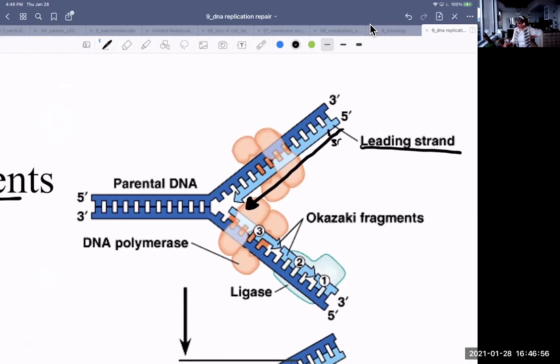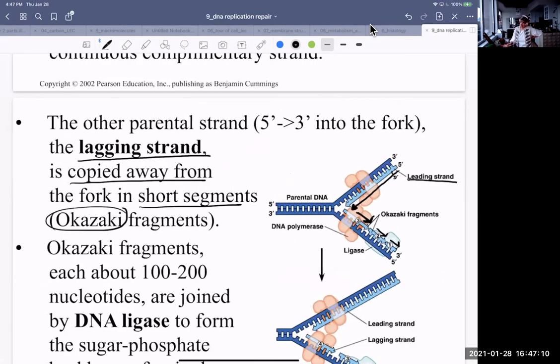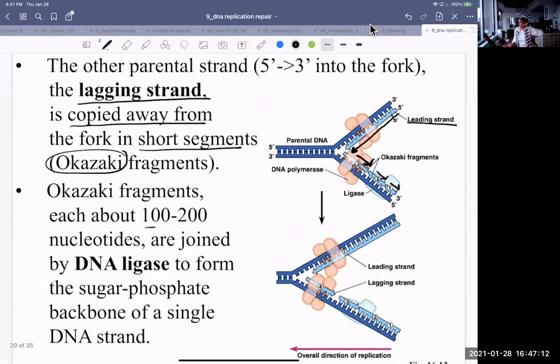The new DNA has to be made in this direction. So you have to make bits of it. Bits of it here, bits of it there, another bit here. So each fragment's about 100 to 200 nucleotides long, and then they're joined by a ligase.